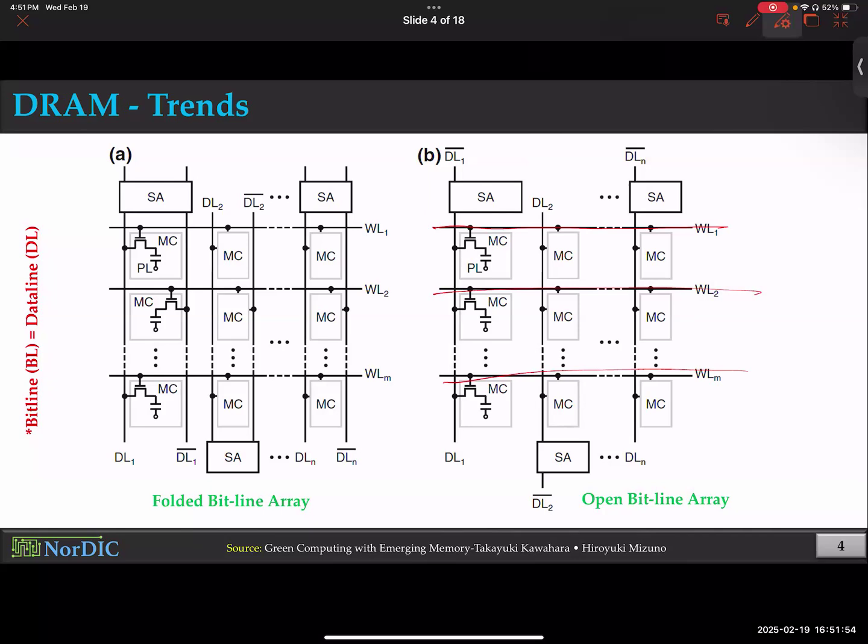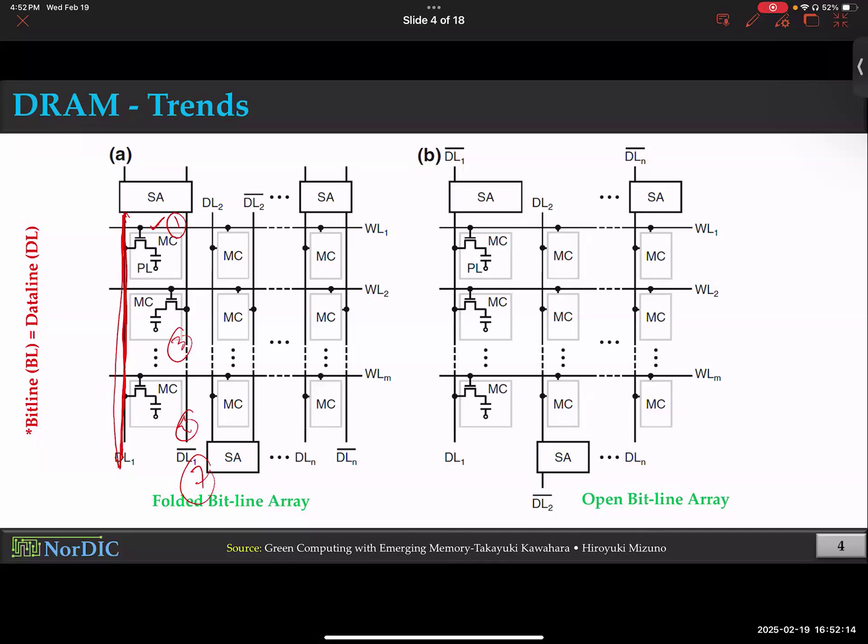For the folded bitline array, on the other hand, it's a little bit complicated. The cells in the same column will not always have the same bitline. The odd numbered cells, like number 1, number 3, number 5, number 7, will all have the same bitline, maybe this one on the left, and the even numbered cells, 2, 4, 6 and so on, are connected to a different bitline.